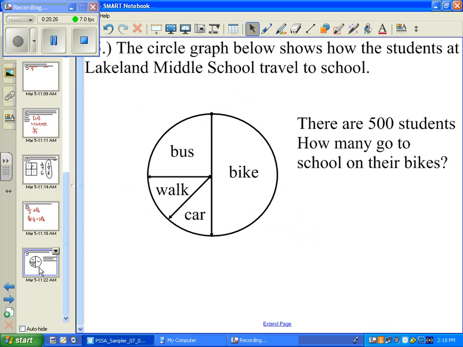Well, this is a pretty simple problem. You can easily see that 1/2 of this circle, which is the whole, 1/2 of the 500 use a bike, and 1/2 of 500 is 250. 250 students use a bike to get to school.